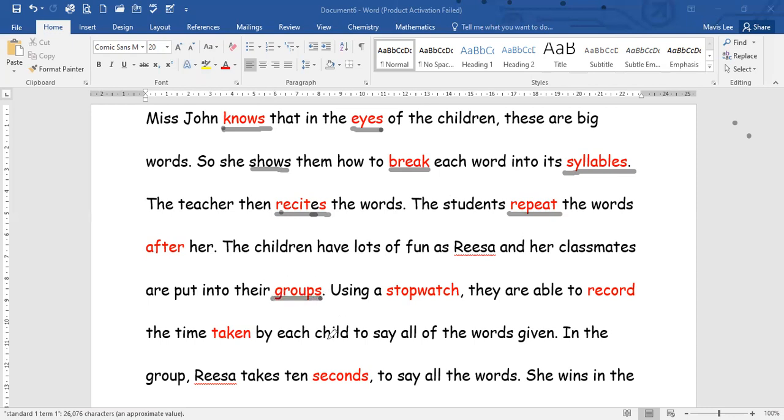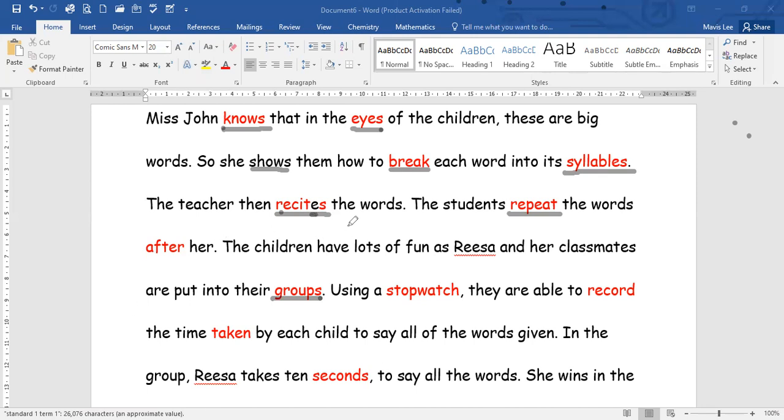The OU there, I'm giving the O sound. Remember I told you some of these words are tricky. We have to look out for them. So let's sound out that word. Groups. Okay, let's read over that sentence to see what that word means.